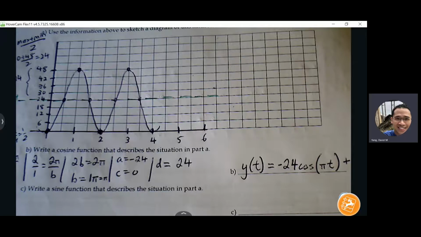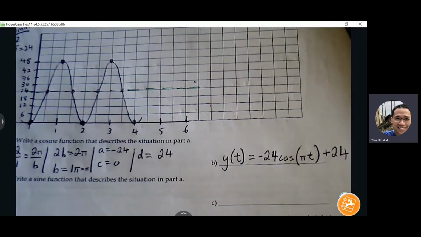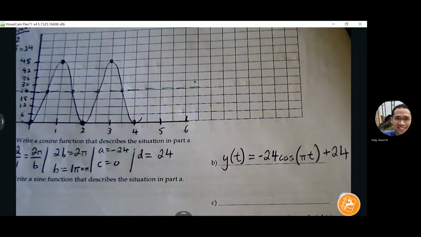But I chose to do it without a shift. I find it's easier without the shift, but just to show you, this is not the only right answer, but I find this is the easiest for me. But yeah, if you did a shift and it doesn't look like my answer, it can still be correct.